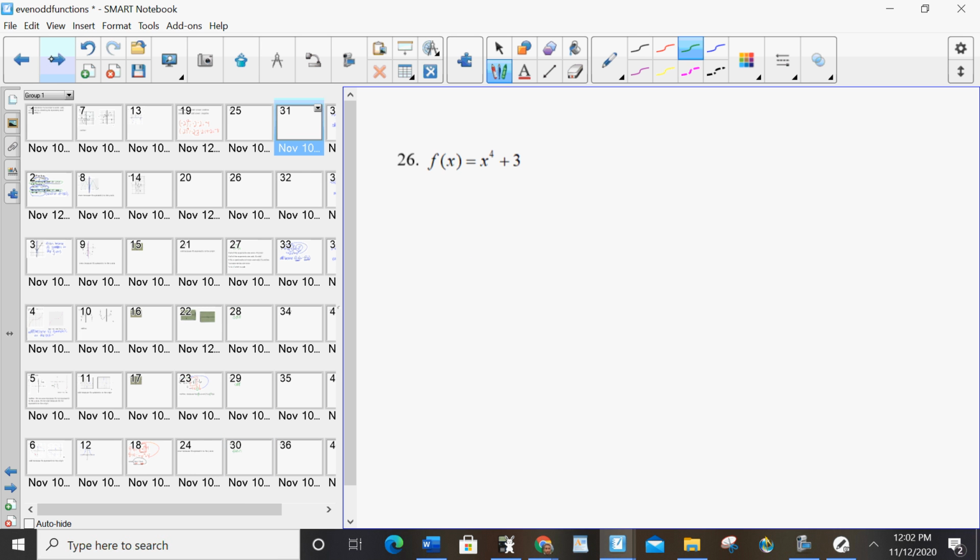Now, there's no exponent for this because there's no x. Because there's no exponent, technically, this is x to the 0 power. Because x to the 0 power is 1, which makes this even, which makes this even, which makes this even.